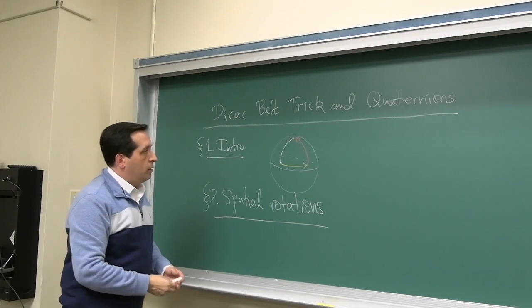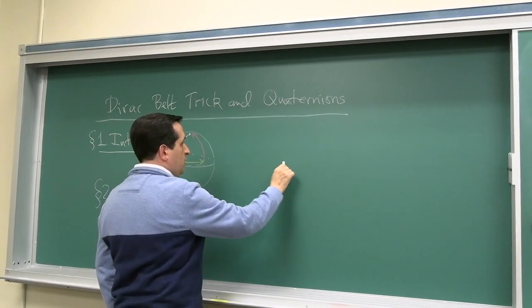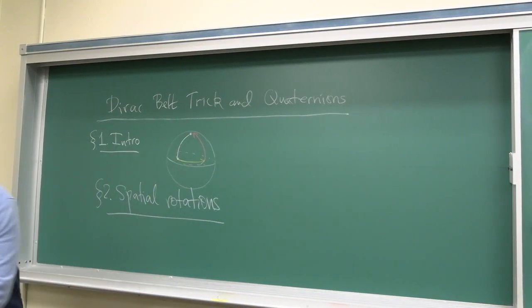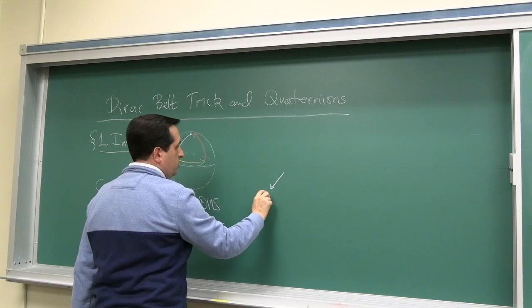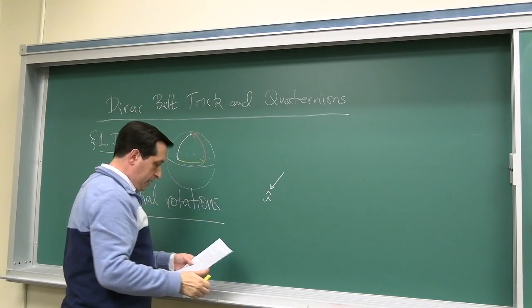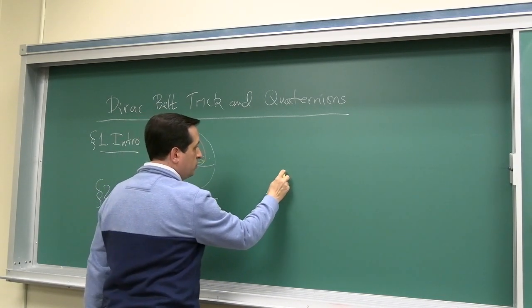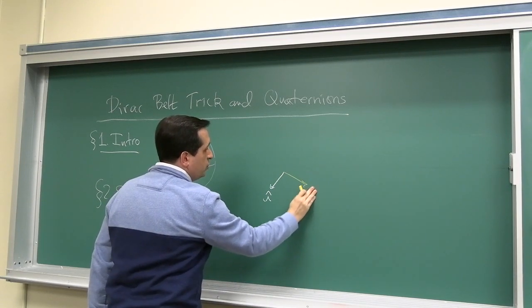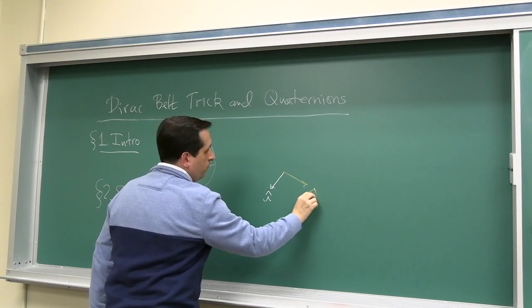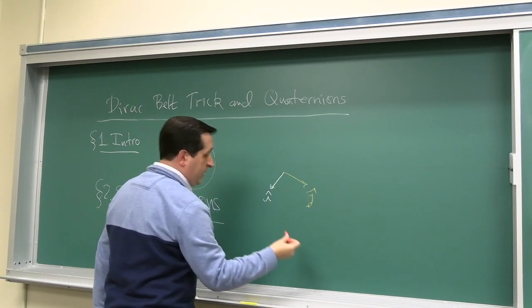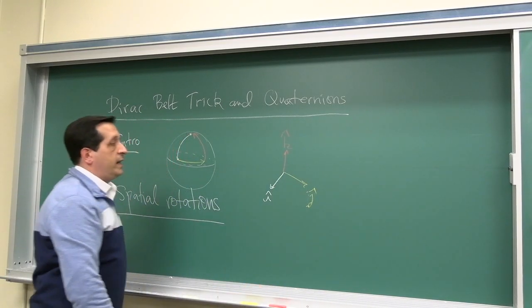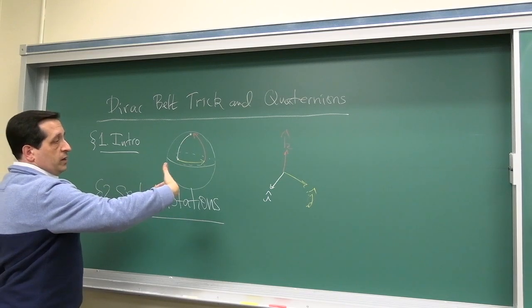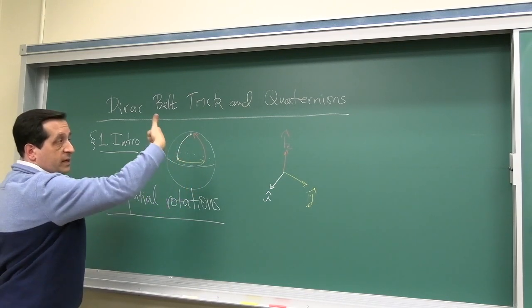So the idea of a spatial orientation is the following. We're going to draw a picture. This is a vector I'll call I, and then we'll have J, which is perpendicular to I, and then we'll have K, which is pointing up. This is a so-called right-handed coordinate system. Fingers in the direction of I, J coming out of my palm, K is up.